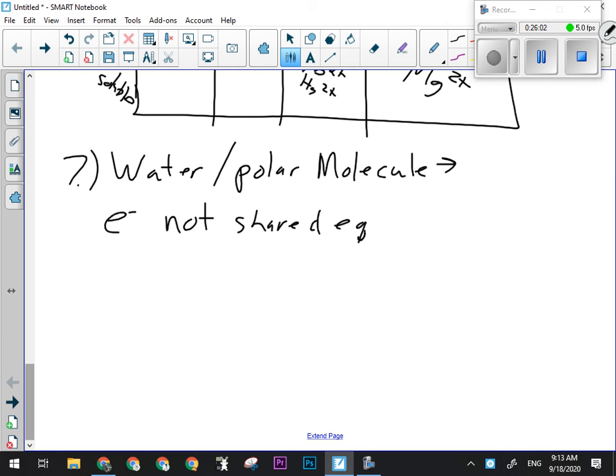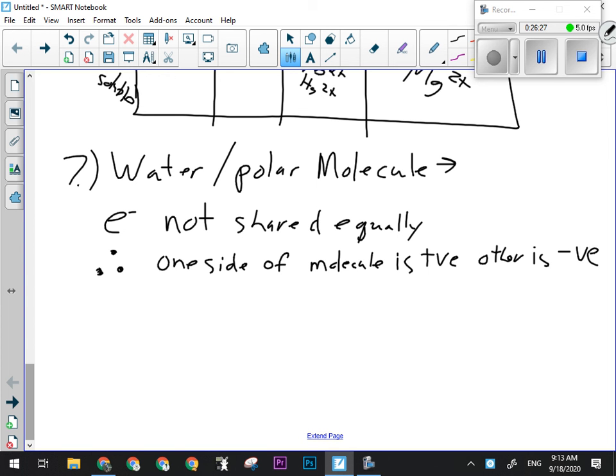equally. And the second part that's important is that means, 3 dots is shorthand for therefore, so therefore, one side of the molecule is positive and the other is negative.